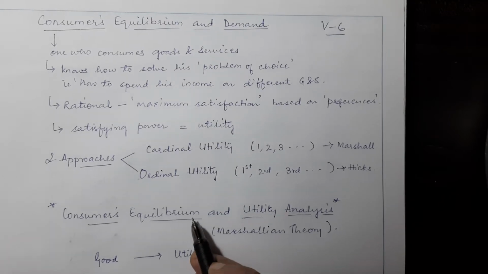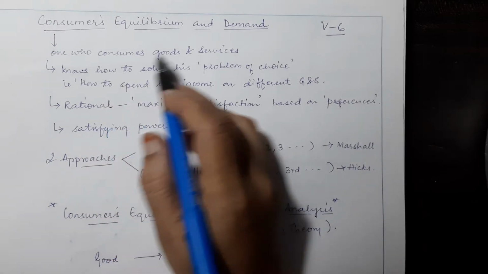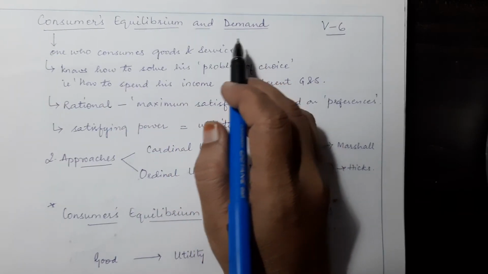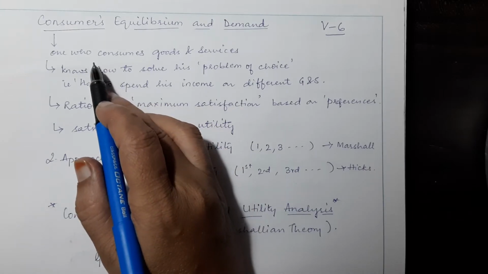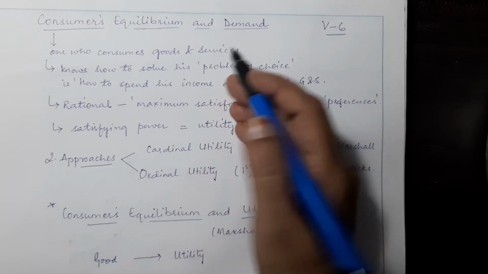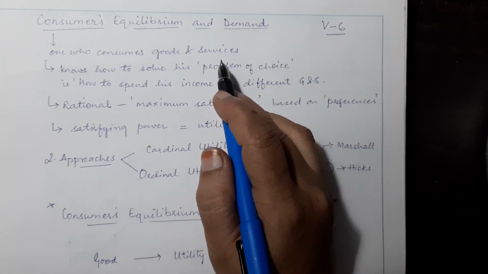Now, Microeconomics video number 6, let us learn about consumers' equilibrium and demand. Who is a consumer? One who consumes goods and services to satisfy his wants is called a consumer.